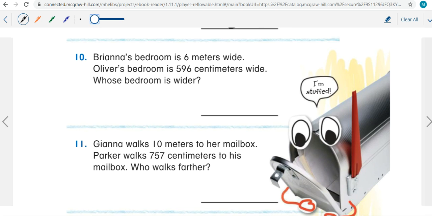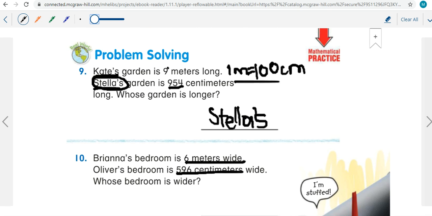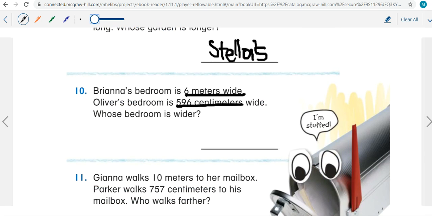Number 10. Brianna's bedroom is 6 meters wide. Remember, wide means ancho. Oliver's bedroom is 596 centimeters wide. Whose bedroom is wider? Now, remember, 1 meter is 100 centimeters.